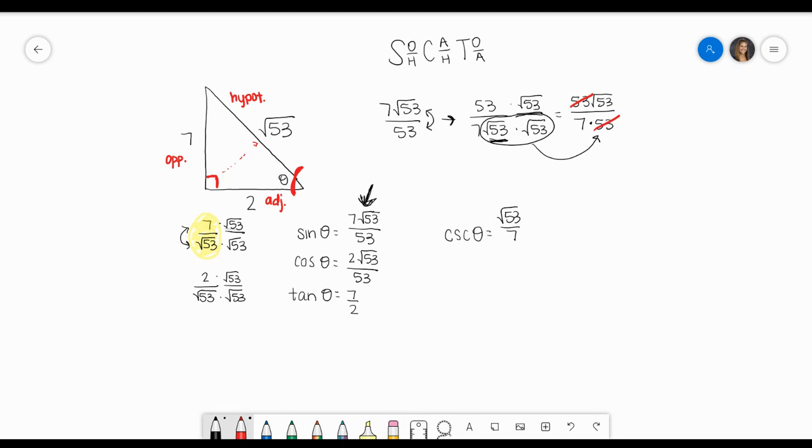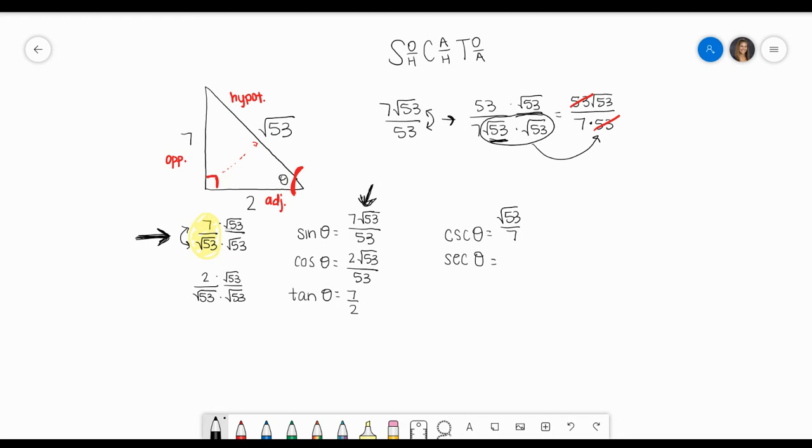But notice how it was so much easier when we just went to this initial problem over here before we rationalized the denominator and we just flipped that. We just wrote the reciprocal of that initial problem. So looking at our second reciprocal trig function, for cosine, our reciprocal is secant.